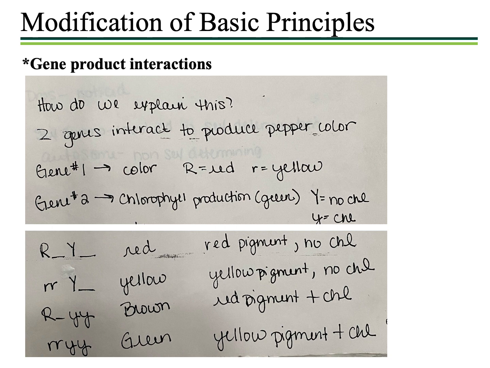In a situation where you have an individual pepper that has one copy of the dominant allele for color, and doesn't matter what the second copy is, could be homozygous dominant or heterozygous, it would produce red pigment. But for the second gene, if that individual was homozygous recessive, that individual plant would produce chlorophyll.